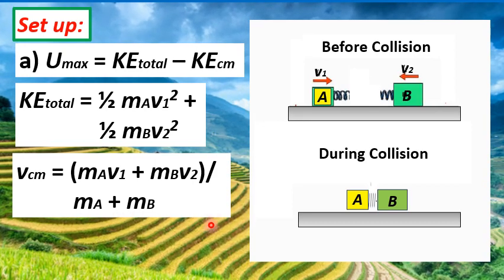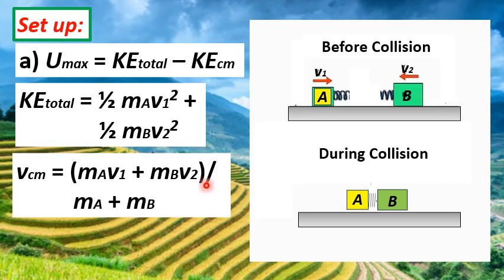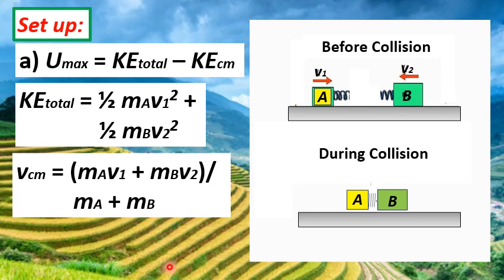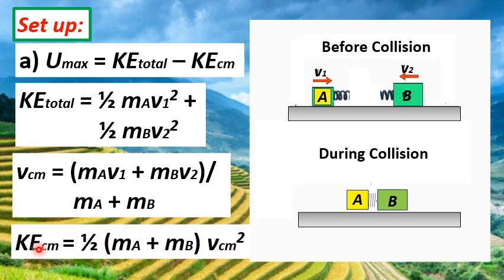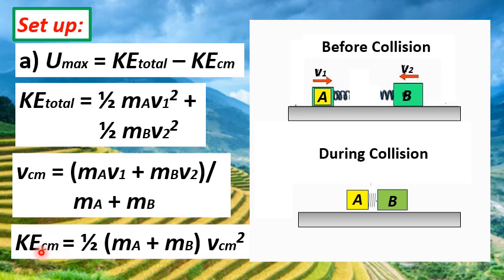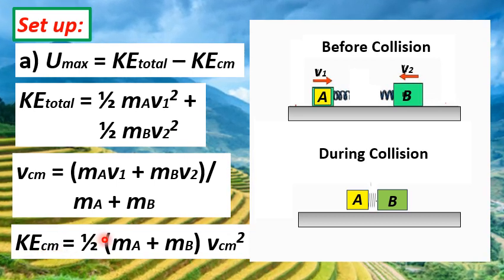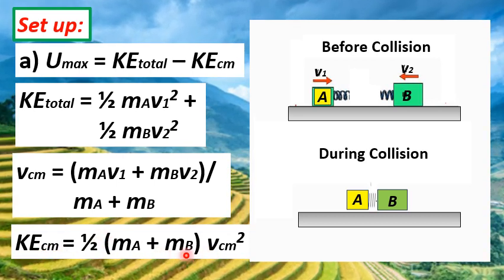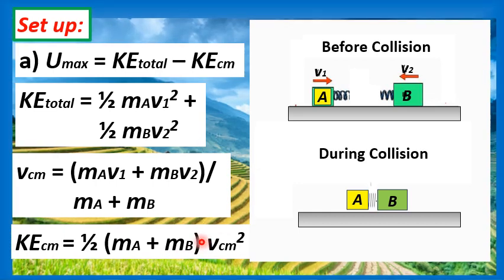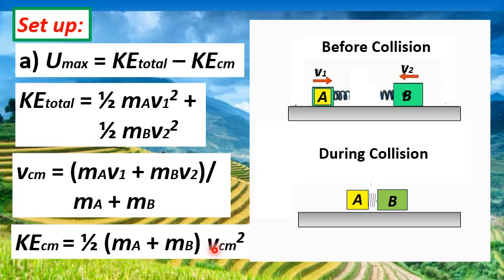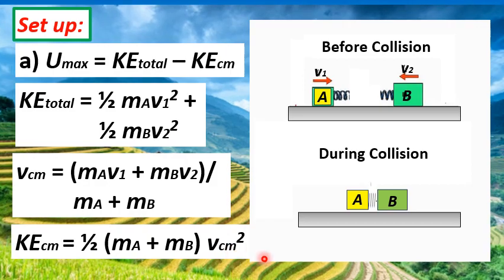After which, we can find the kinetic energy of the center of mass of the system using the formula KE of the center of mass equals 1/2 multiplied by the total mass m_A plus m_B times the square of the velocity of the center of mass.